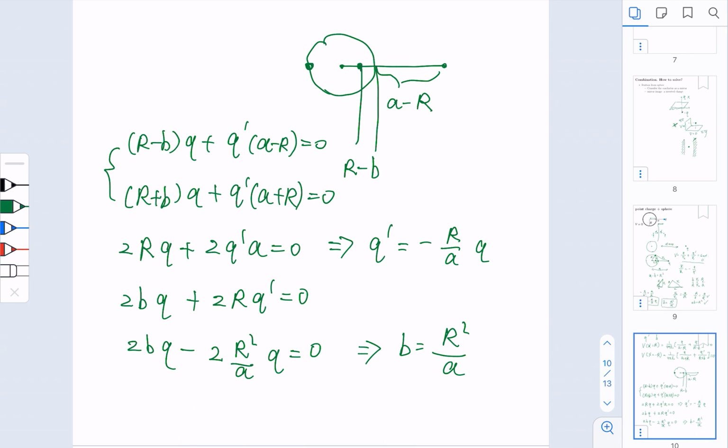So this is how you can derive the coefficient of Q prime and B very quickly, but you simply already know the result and derive the Q prime and the B, right? It's not that you prove that.